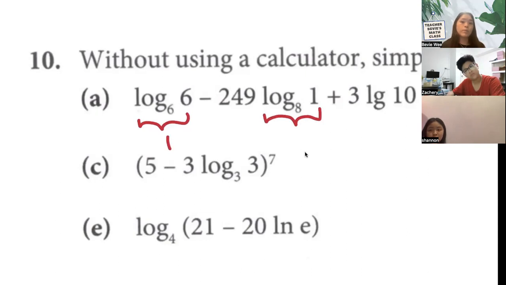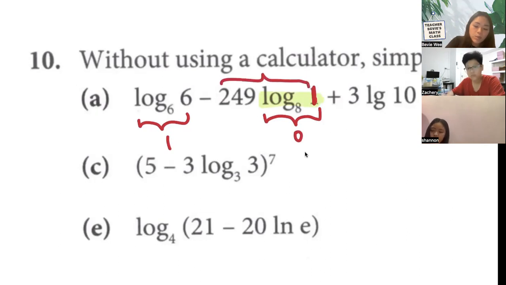It's one of the special properties. Equals 0. Yes, correct. As long as you have a 1 here, don't care what the base is, this is 0. So 249 times 0 is also 0.